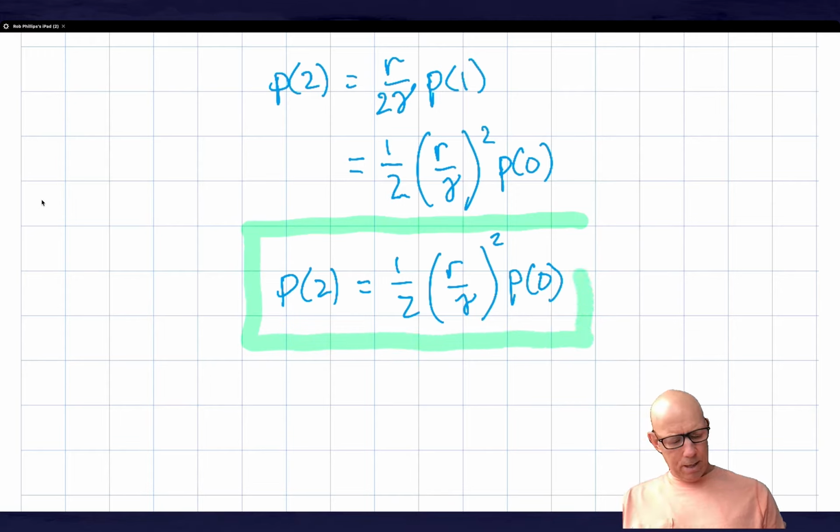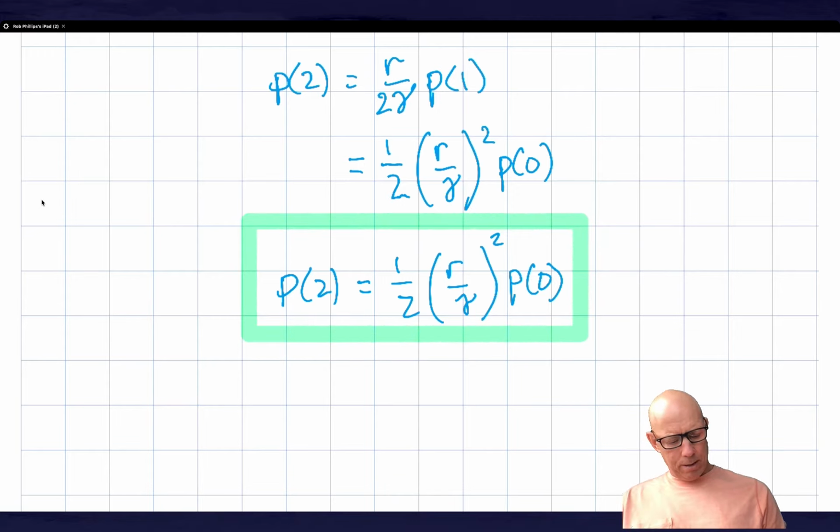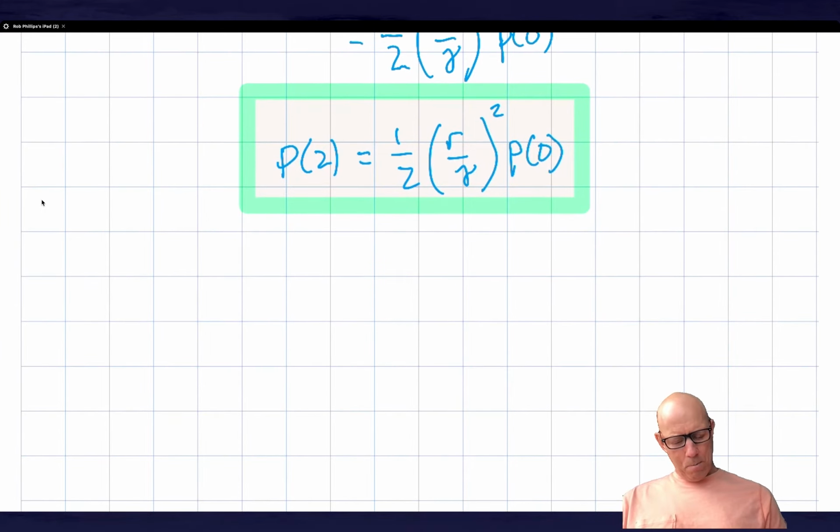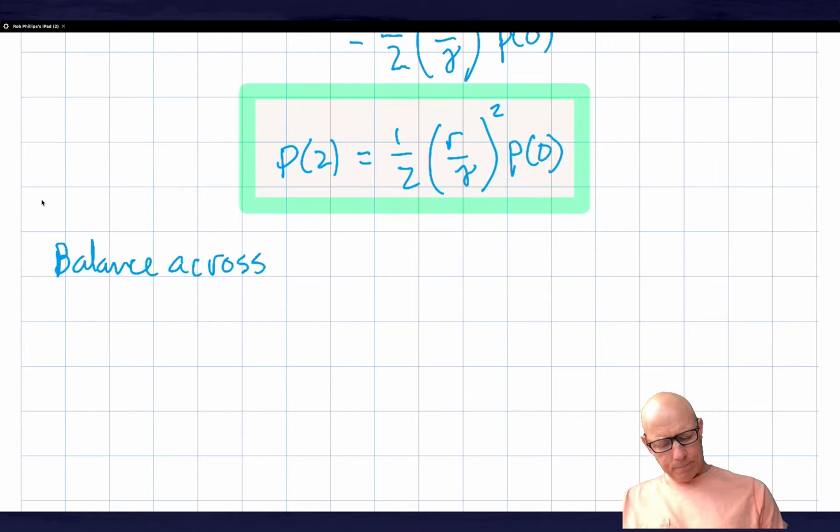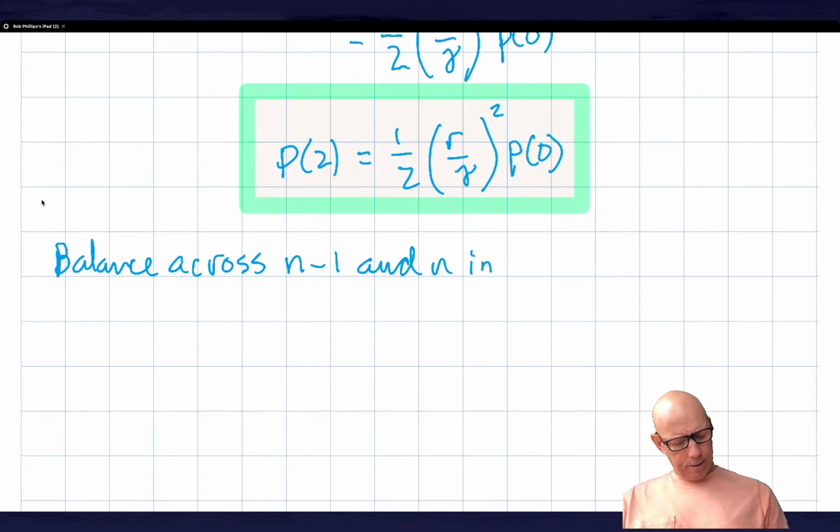So that's our second relationship between the probabilities. Okay, we're going to do only one more, and this one's going to be the balance across the n-1 and the n interface.